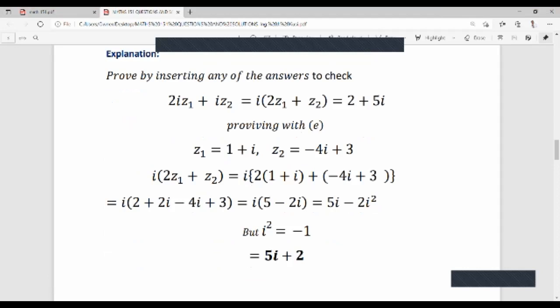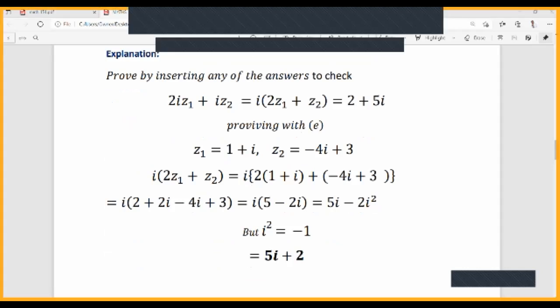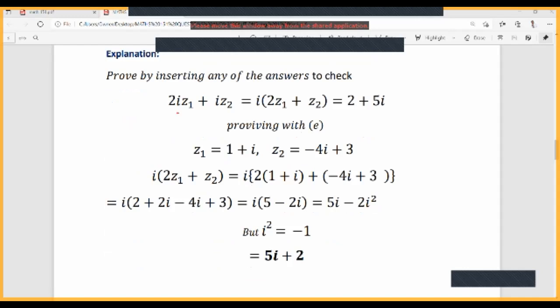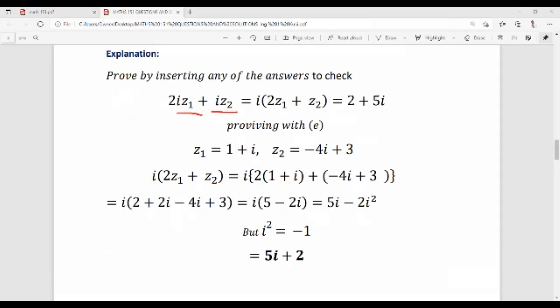There are 2 things given to you: 2iZ1 plus iZ2. If you factor i out, then you have 2Z1 plus Z2.